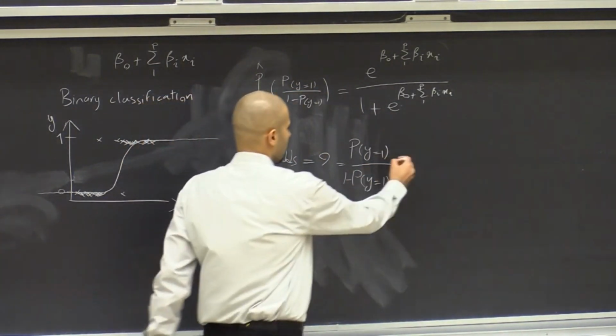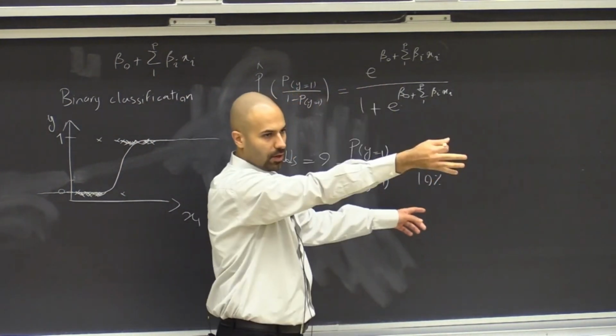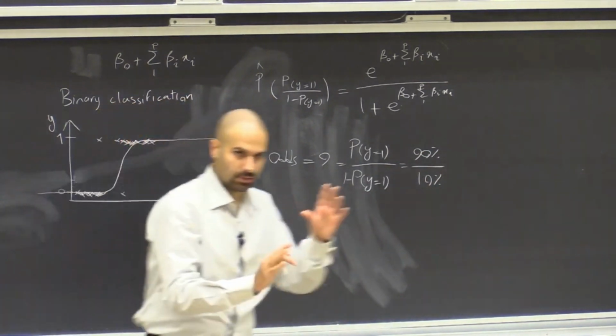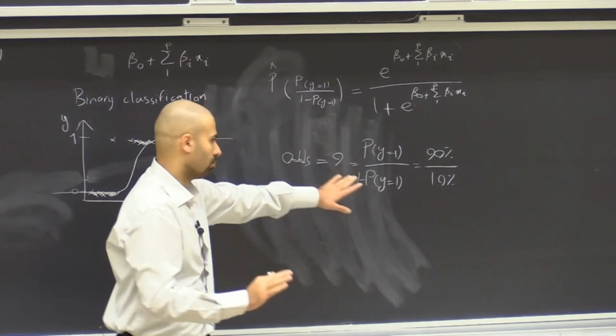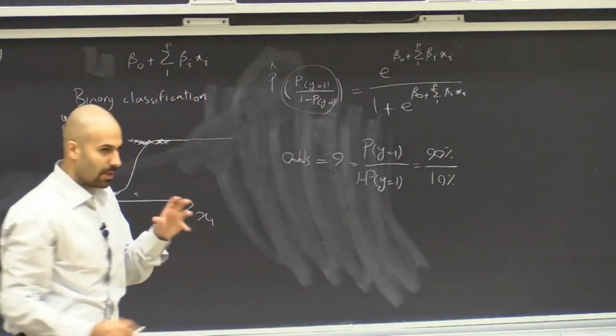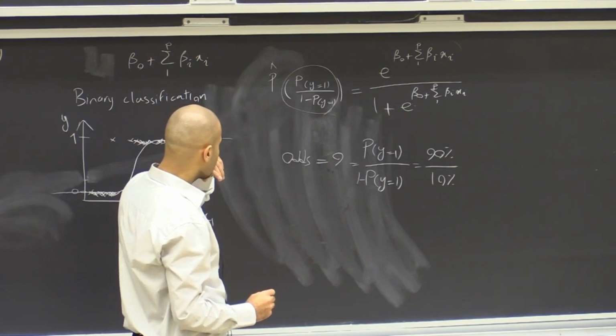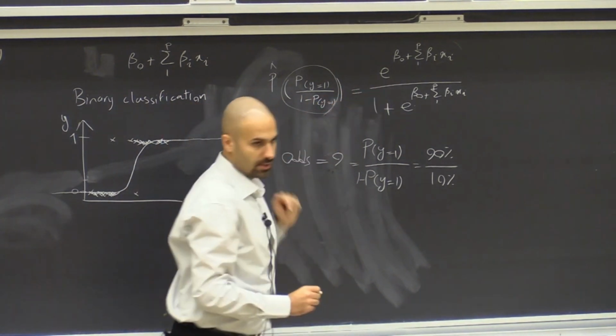When this is 9, it means that we have 90% probability over 10% probability of the other outcome. That's why we got 9. So very close. Odds of 9 is equivalent to a probability of 90%, but they are not exactly the same thing. So what we're doing here is estimating the odds.